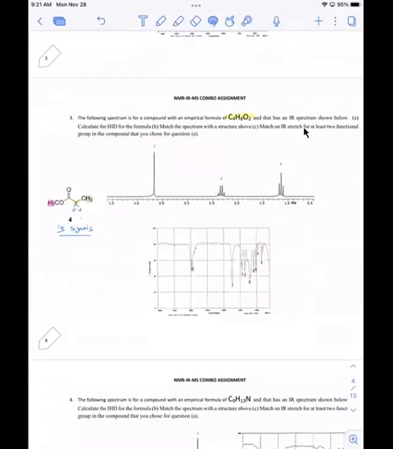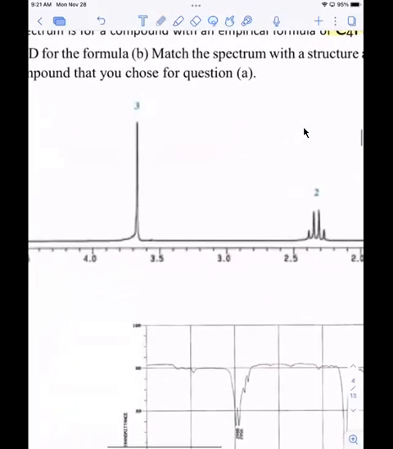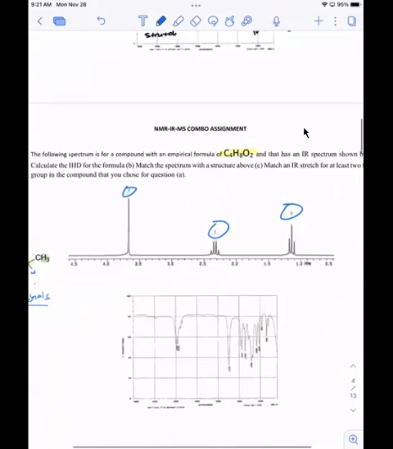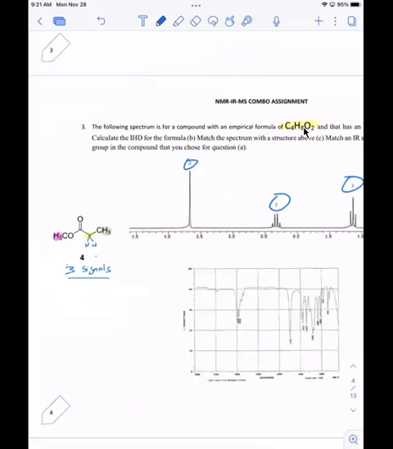All right, so you have a singlet, a quartet, and a triplet. And the integration is 3 for that singlet, 2 for the quartet, and then 3 for the triplet. That's enough right there to match the signals up. But we're also going to look at the splitting patterns.